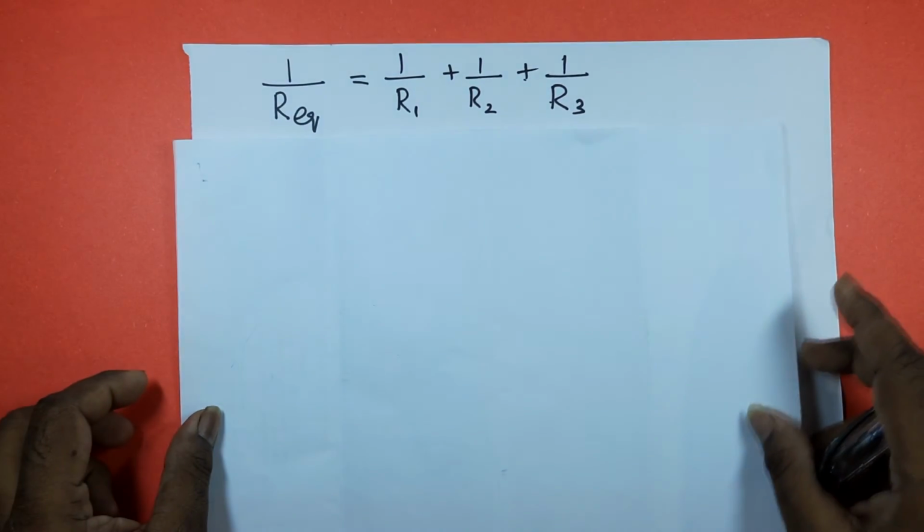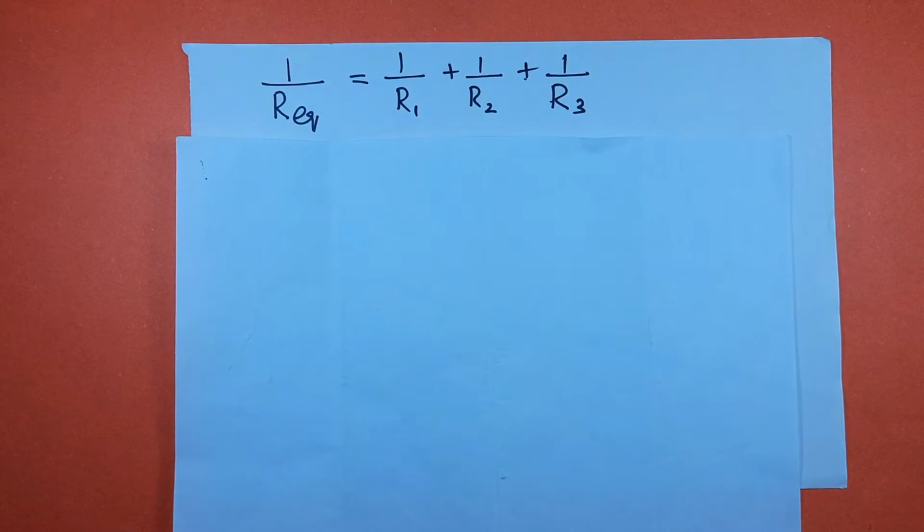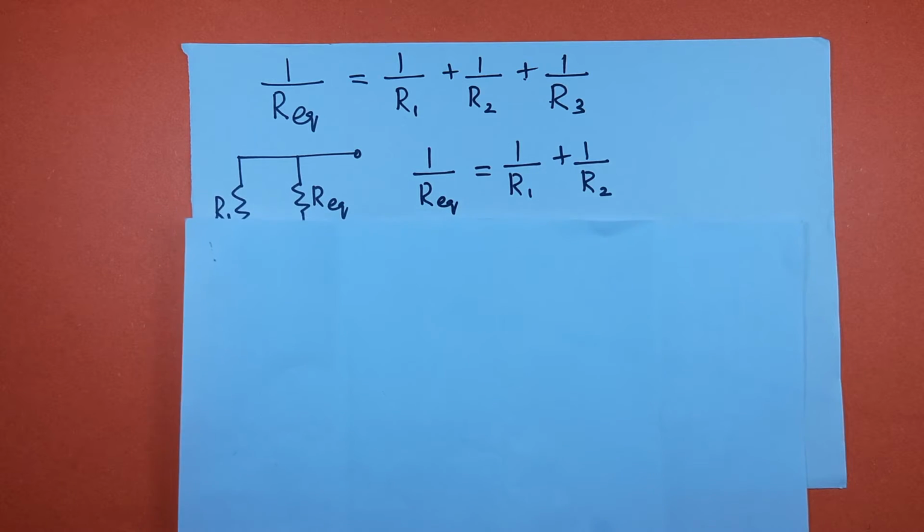So I by V is nothing but 1 by R equivalent. The right hand side we write as it is: 1 by R1 plus 1 by R2 plus 1 by R3.